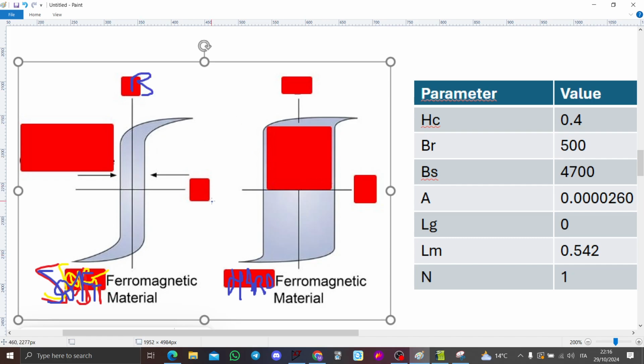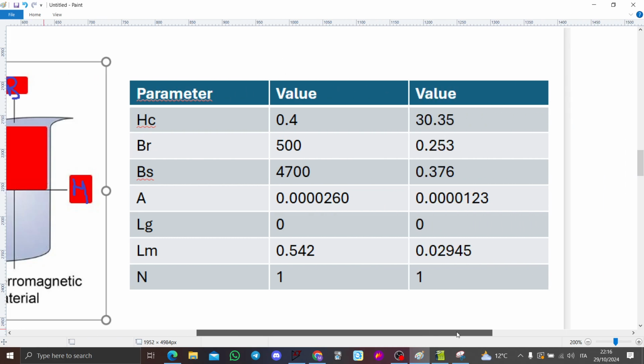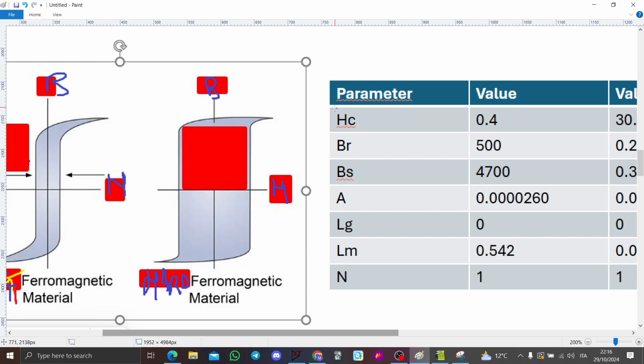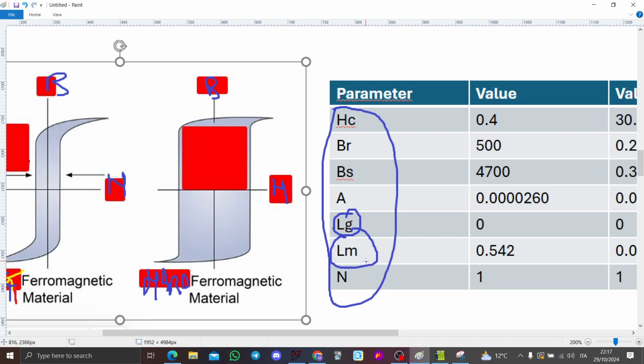Again, this is BH. If they didn't trust you enough, this is BH again. I think it was written low coercive force, something like that. You know this parameter. Now we have to relate these parameters to this graph. Not all of them can be related because LG and LM are not present in this graph, not directly. If you increase LG, we increase the current capability.